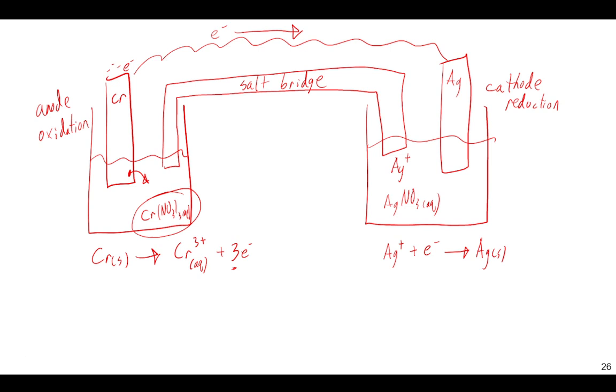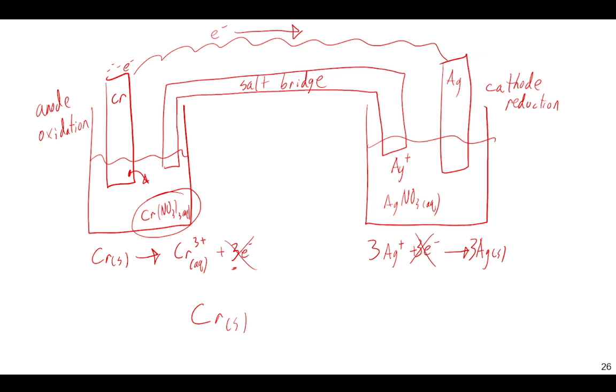And this goes back to balancing redox reactions. Each of these is a half reaction. The other atoms are balanced. There's no oxygens or hydrogens, but we do need to add some 3s here to the silver reaction. We have to multiply this whole reaction by 3 before we add these two together so that the electrons cancel out.